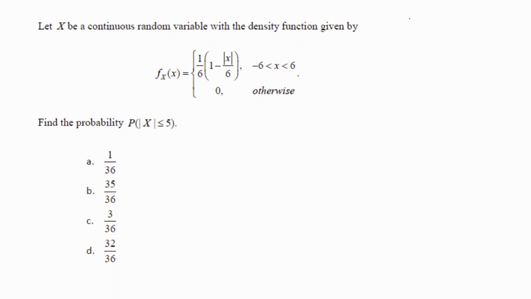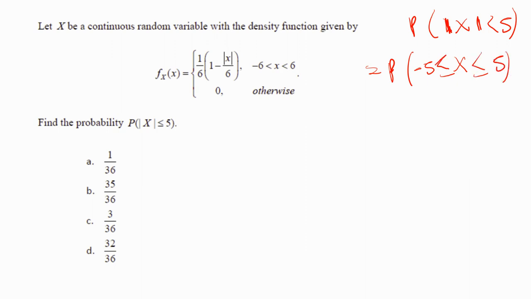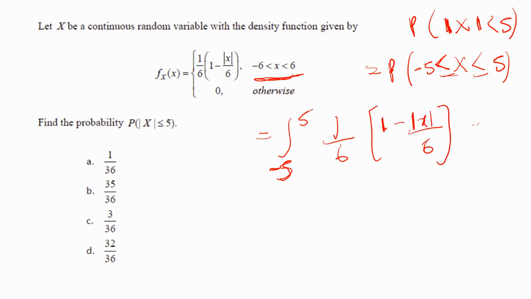So firstly, when we have mod x less than 5, it means x is in between minus 5 to 5. We already know if x is in between minus 6 to 6, it is following this. So for minus 5 to 5, it is the integral of 1 by 6, 1 minus mod x by 6, dx.